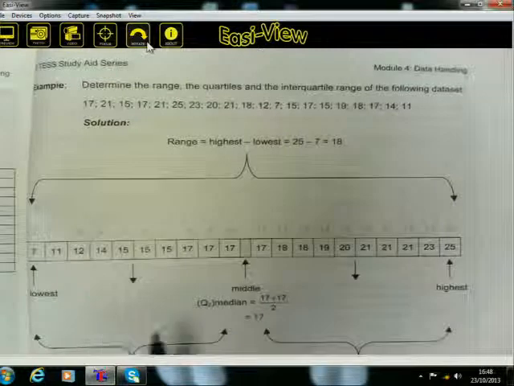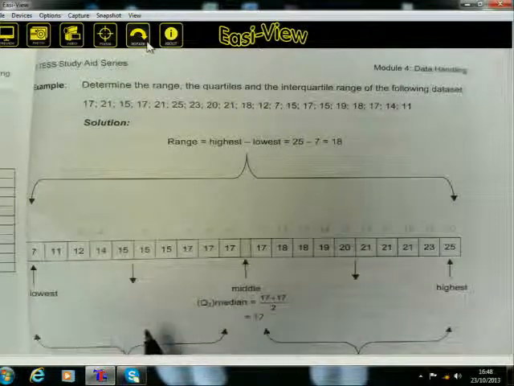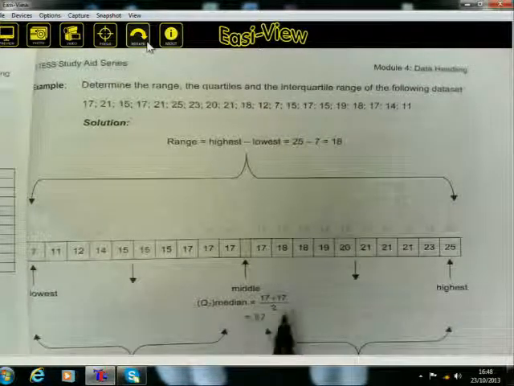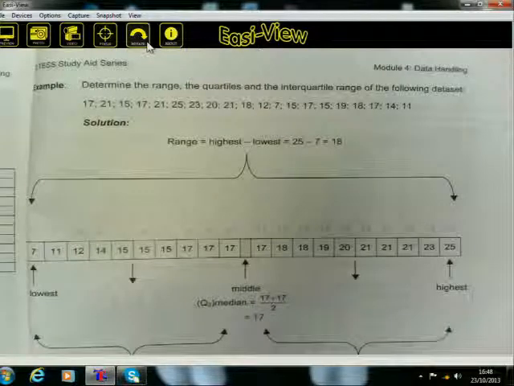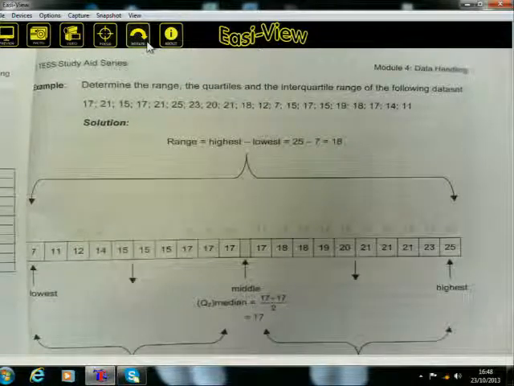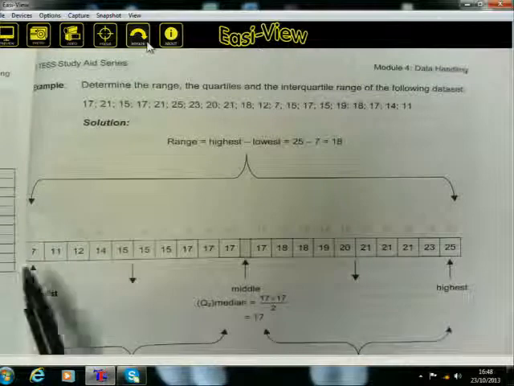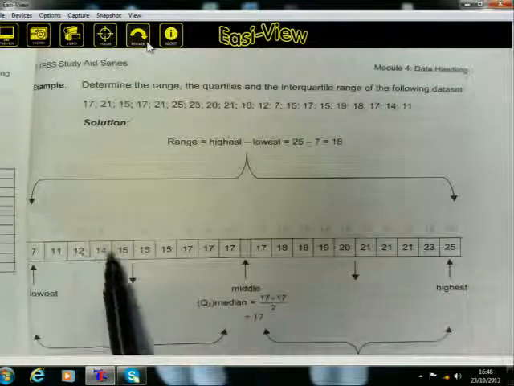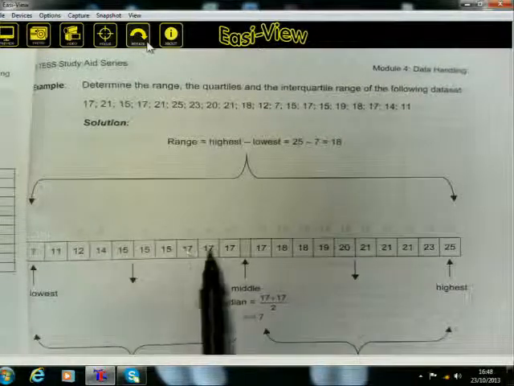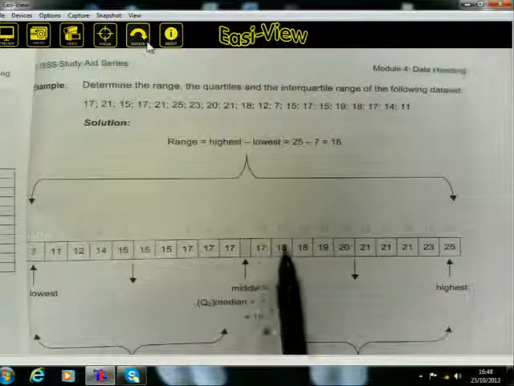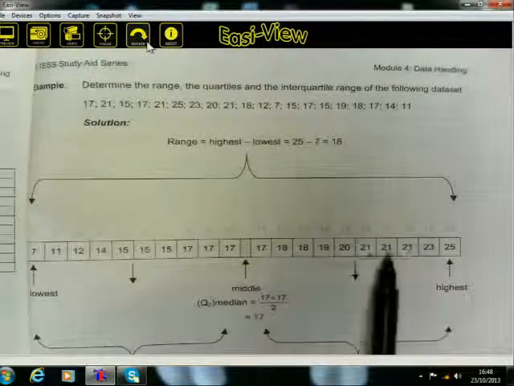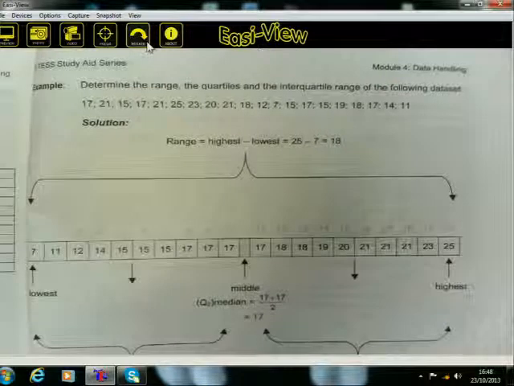Now, let's check how many numbers, how many data are we having? It's 1, 2, 3, 4, 5, 6, 7, 8, 9, 10, 11, 12, 13, 14, 15, 16, 17, 18, 19, 20.